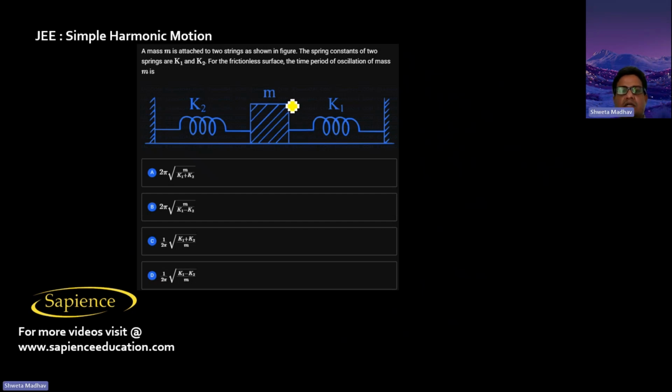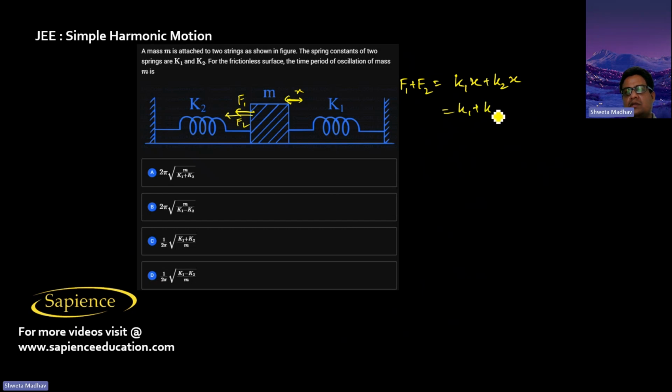So now, if the mass M gets displaced towards the right by x, then the force acting on the mass will be F1 plus F2, that will be the net force, which is K1x, there also some compression will be there, so K1x plus K2x.